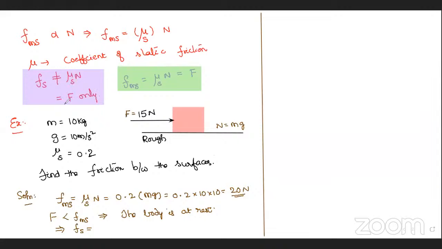That I clearly wrote here also. So it is equal to the applied force. Applied force is 15. That's why my answer is that the frictional force here is equal to 15 newtons. That is the answer. At least now you understood static friction. Respond please, others. Okay, good.